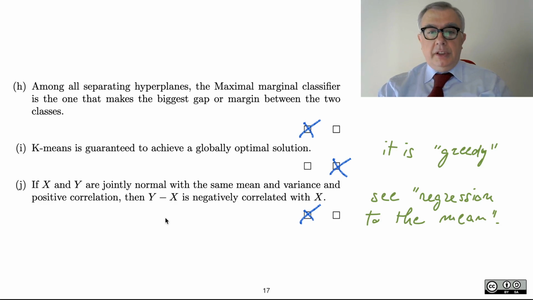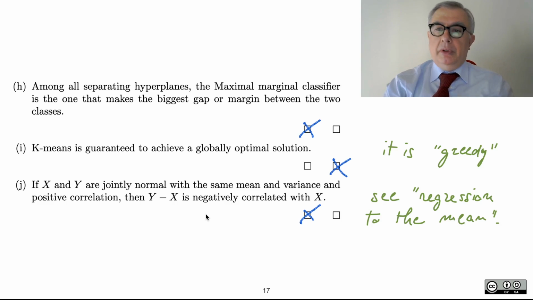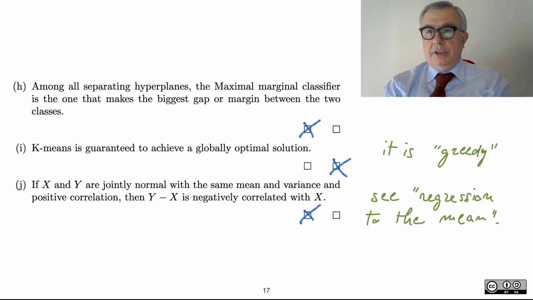Final question: if x and y are jointly normal with the same mean and variance and positive correlation, so these are a couple of random variables, and they have the same marginal distribution, but they are positively correlated, then it happens that y minus x is negatively correlated with x. You should remember that in the final chapter on the fallacies of learning, we discussed just this problem.